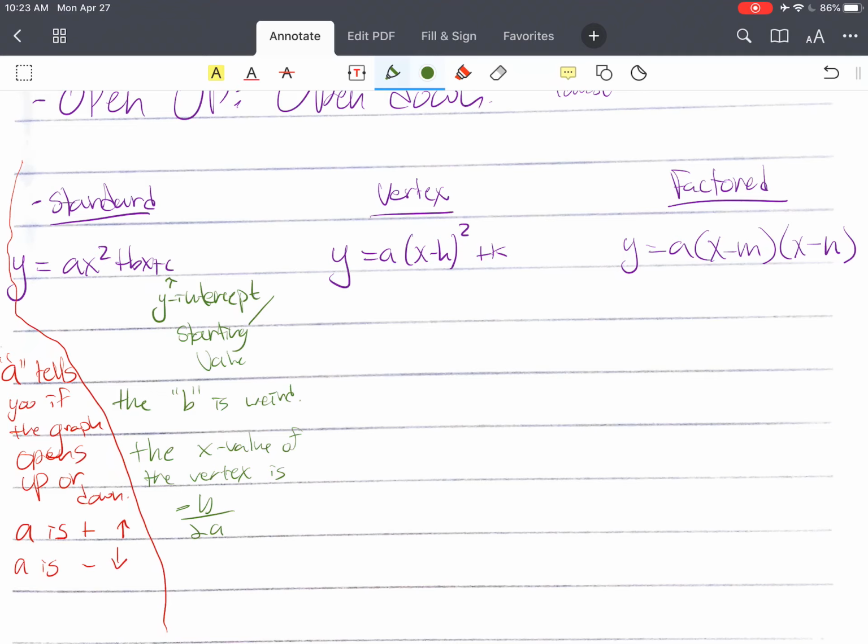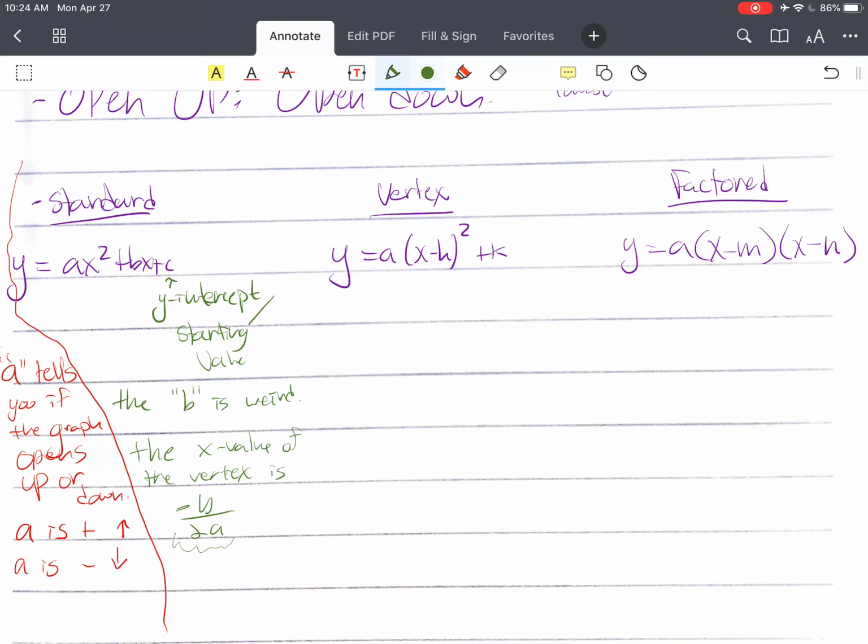Negative b over 2a. If you wanted to find either the highest or the lowest point, but just the x value, you can take the b value and the A and figure out what this is. I know it's kind of weird, but once you start doing it, it gets easier, okay?